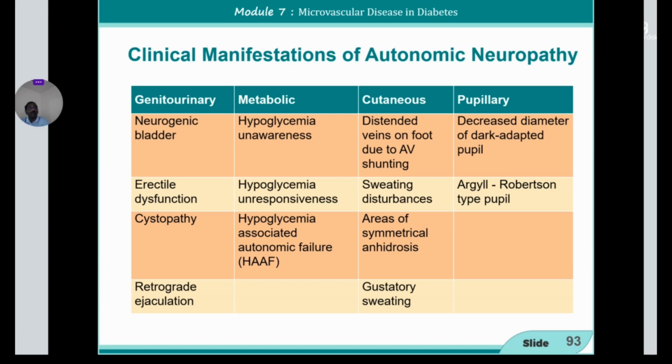And coming to the metabolic autonomic neuropathy: hypoglycemia unawareness. This is a very, very dangerous one, because even though the person is in hypoglycemia, he may not recognize that he is in hypoglycemia. That means the adrenergic response is suppressed. See, hypoglycemia is of two types. One is adrenergic hypoglycemia. The second one is neuroglycopenic hypoglycemia. Adrenergic hypoglycemia is a protective mechanism.